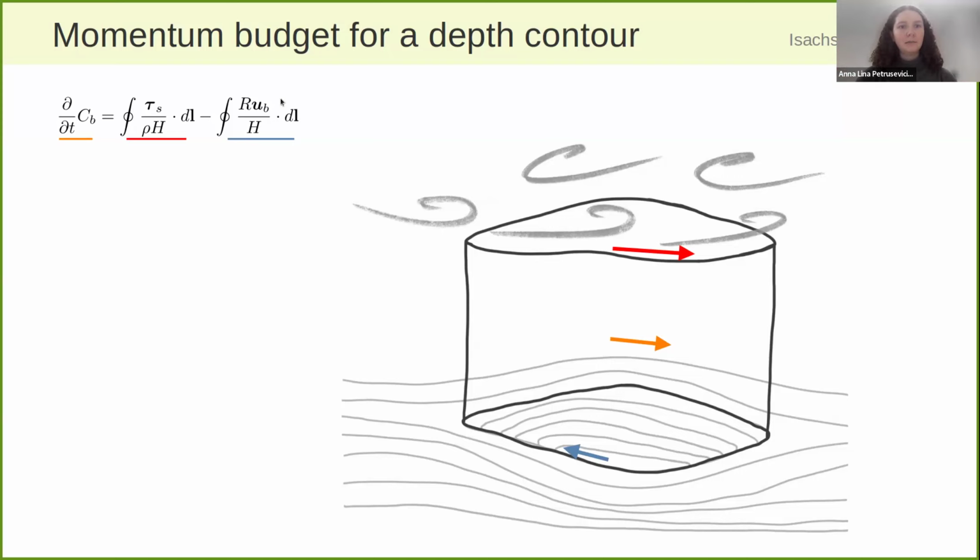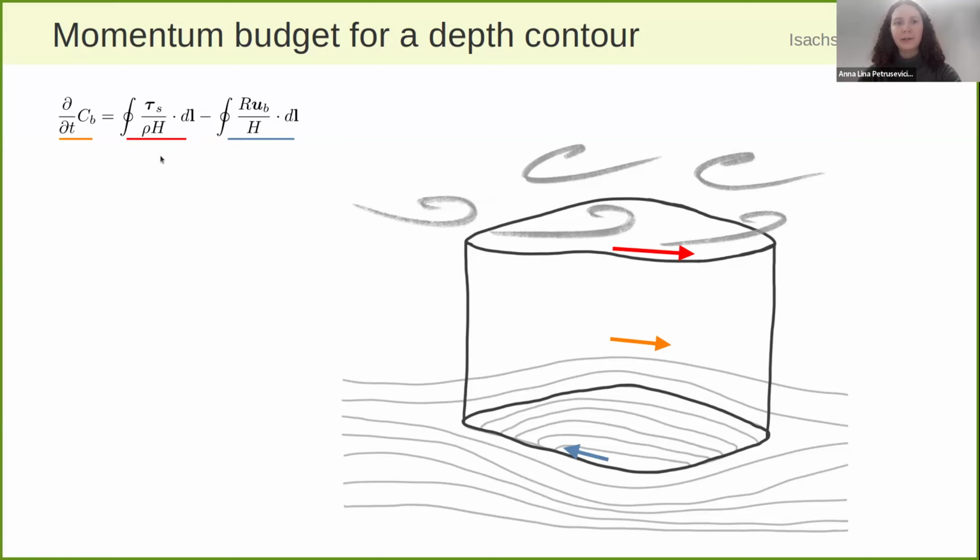And here, this equation is our momentum budget for this contour. It's simplified. We have not included any of the nonlinear terms here. So this is a linear idealized model. What this tells us is that the change in circulation, this first term here, is given by an imbalance between two terms.